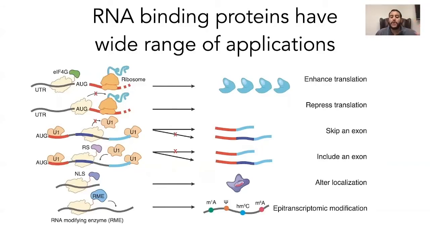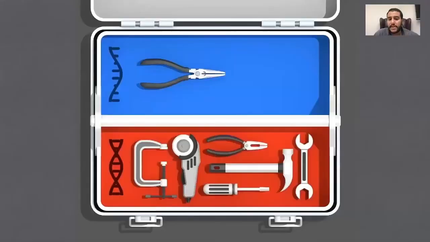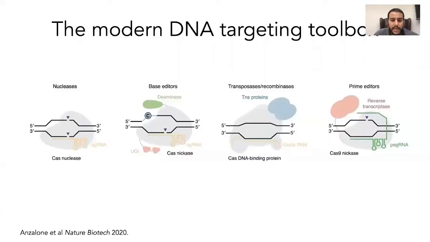And so finding better and safer enzymes that can work inside cells is really important for deploying these things as therapeutics. Just building off of that, we're continuing to build on this RNA toolbox and trying to find more tools to fill it with.